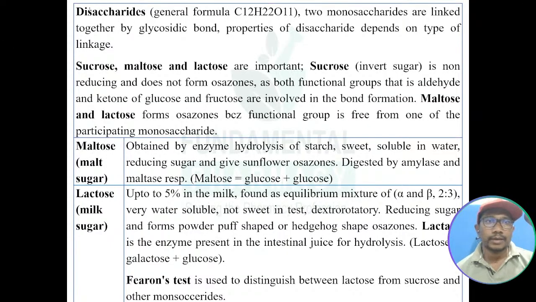Now disaccharides. In the disaccharide, what is the general formula? The general formula is C12H22O11. That is the formula for disaccharide. Remember C12H22O11.